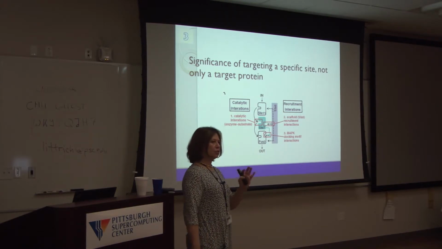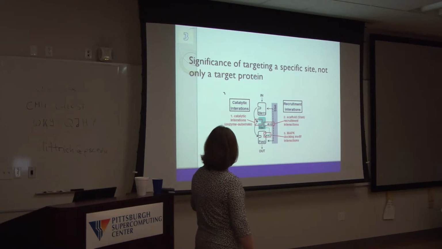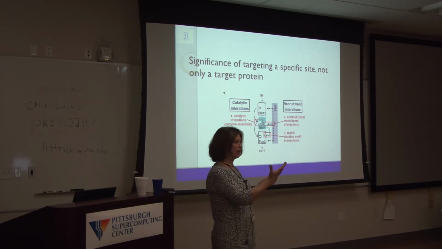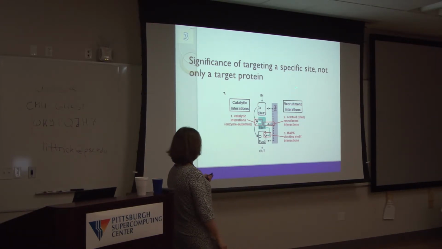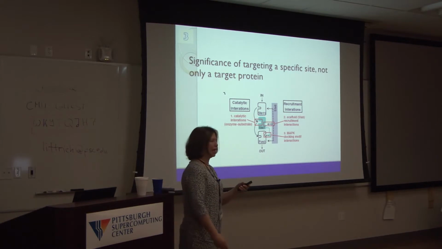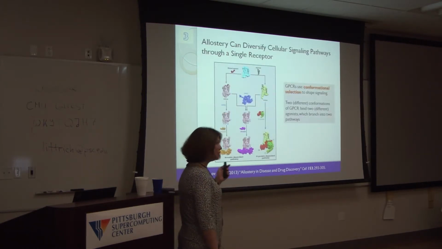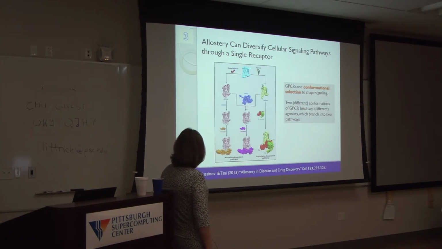So it matters which region of your enzyme you are targeting, as I mentioned. When you target a protein, you have to worry about the specific site. It's not about just targeting the protein in general, because different regions may have different implications in the cell. Here's a very nice example, actually. In this case, you have a GPCR.